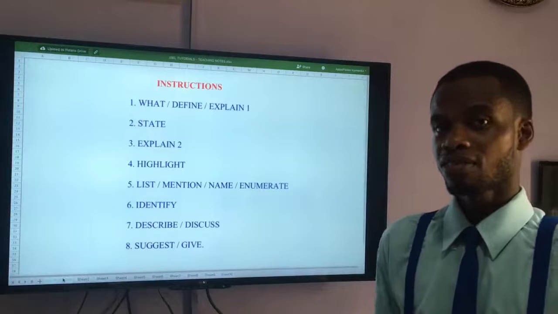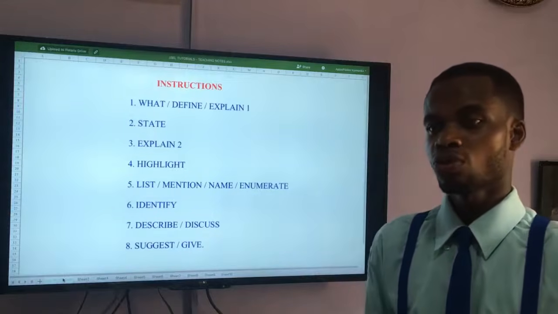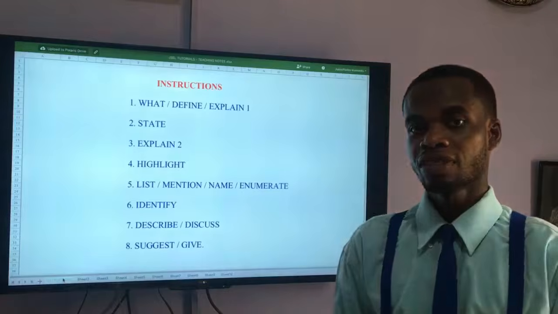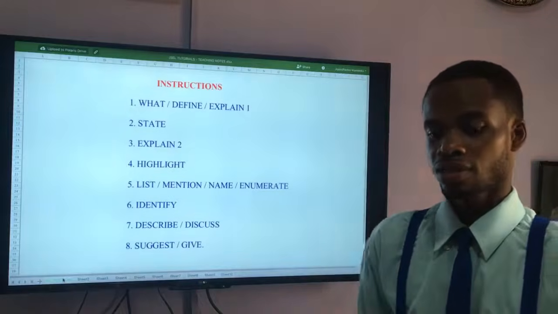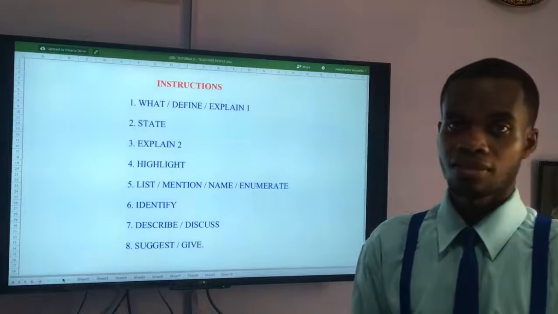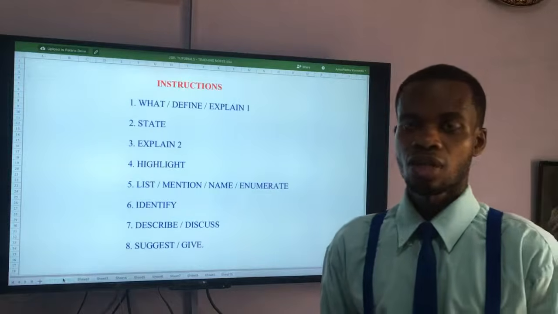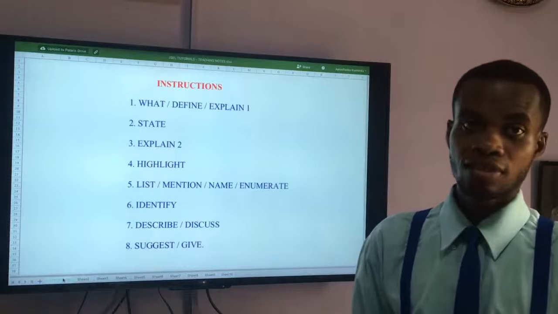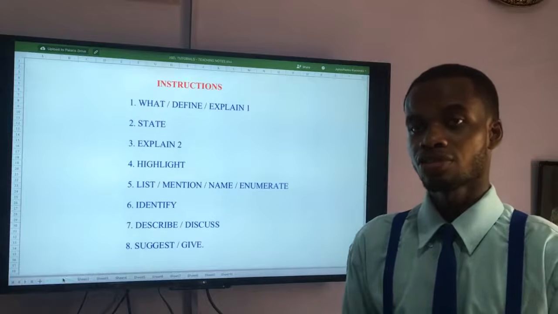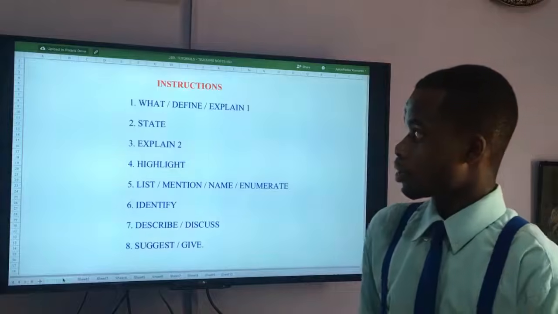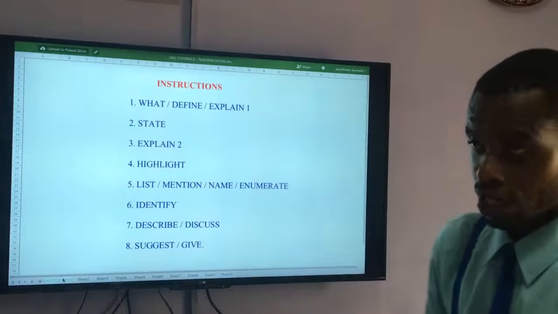Remember, they have a marking scheme and they are going to mark everything by what is provided, listed or explained in the marking scheme. And when it comes to social studies, they go by the instructions.